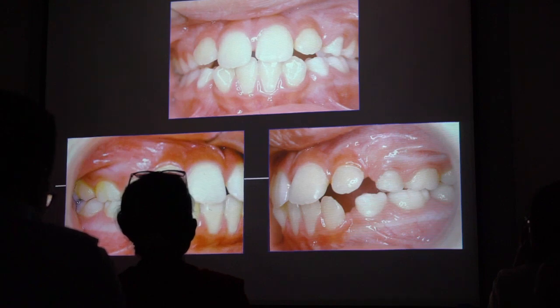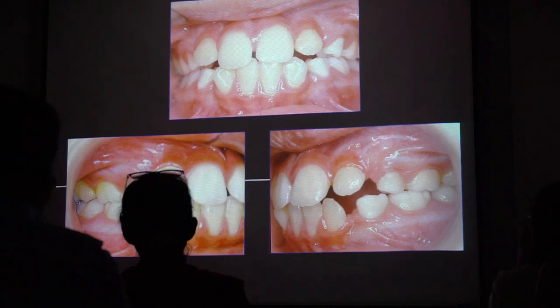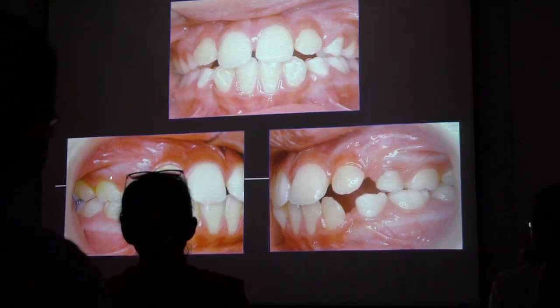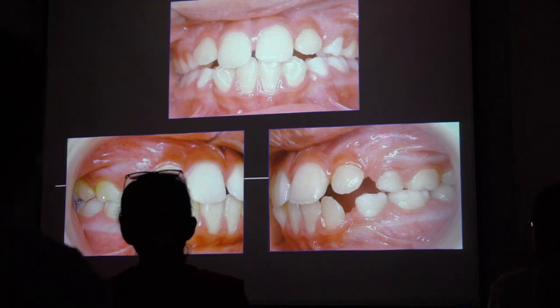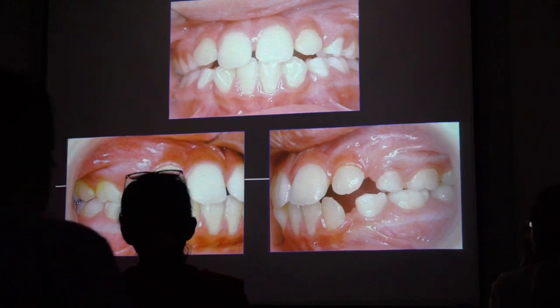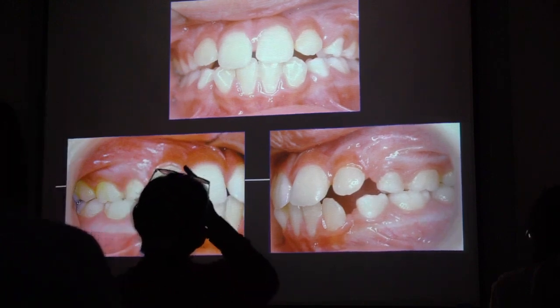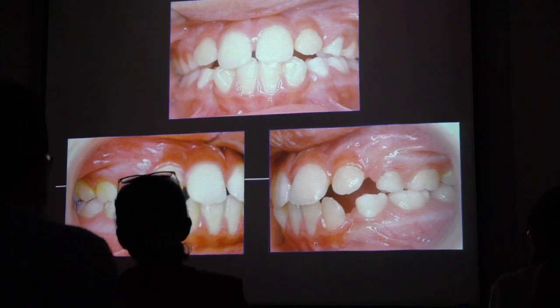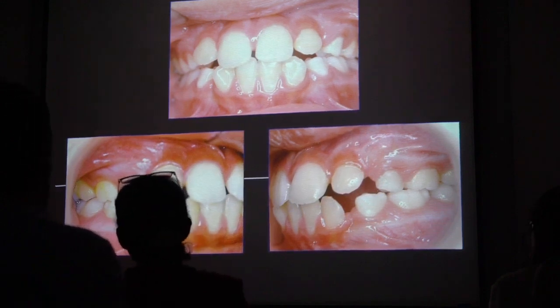So what could be the upper arch discrepancy here? Let's say I have plenty of space for the second premolar, plenty of space for the first premolar, but I have only 1 millimeter for the canine. Let's say the leeway in the upper arch is 2 millimeters.